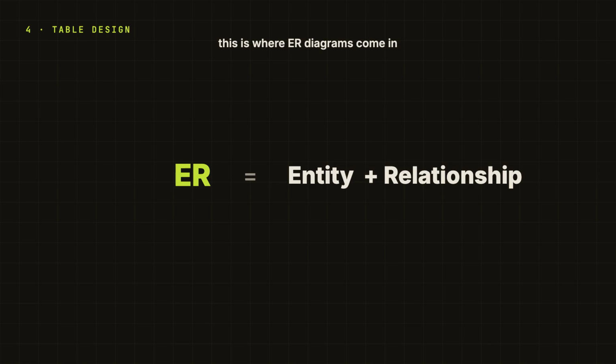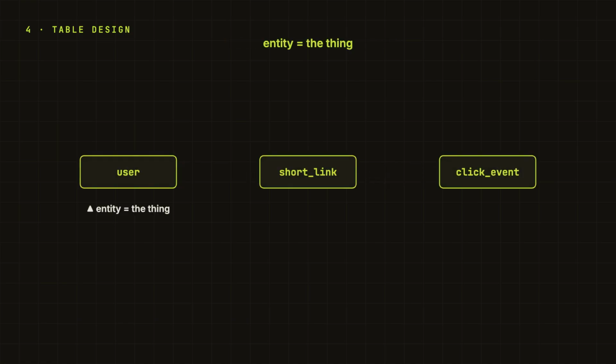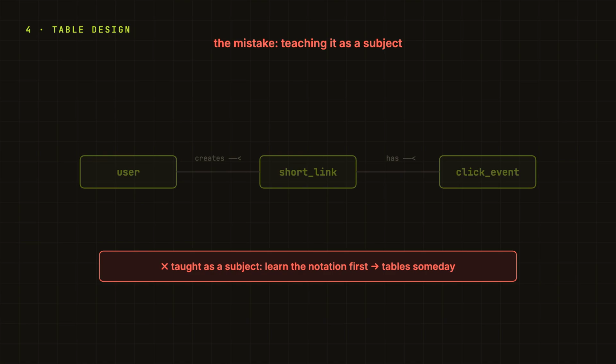This is where ER diagrams come in. ER means entity relationship. Entity is the thing: user, short link, click event. Now, relationship is the connection. User creates links. Link has clicks. That is it. I think the mistake is teaching ER diagrams like a separate subject.